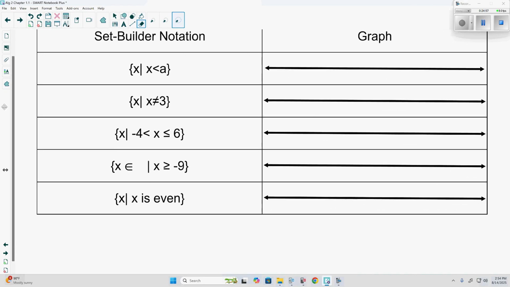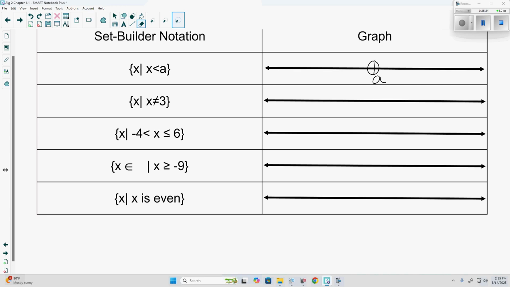Now, we're going to look at these set builder notations and kind of describe these here. So the first one, brace x bar, the set of all real numbers x, such that x is less than a. What is a? A is a number, yes? So graphically, we'd have a point A as a point on this number line.